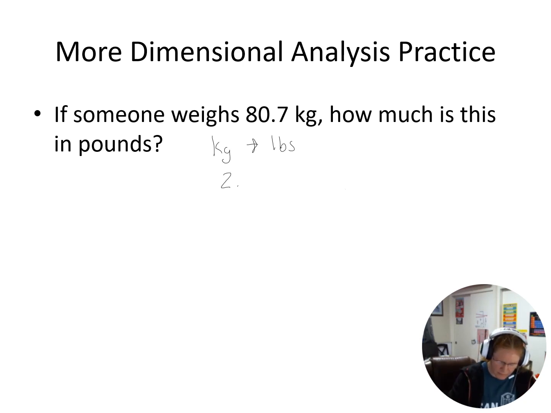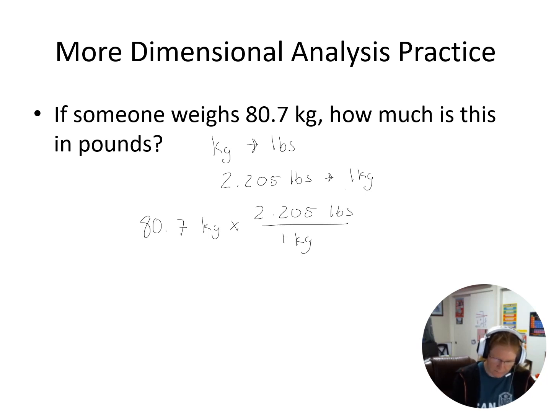So I have 2.205 pounds equals 1 kilogram. Okay? All right, so we take our 80.7 kilograms times 2.205 pounds for 1 kilogram.